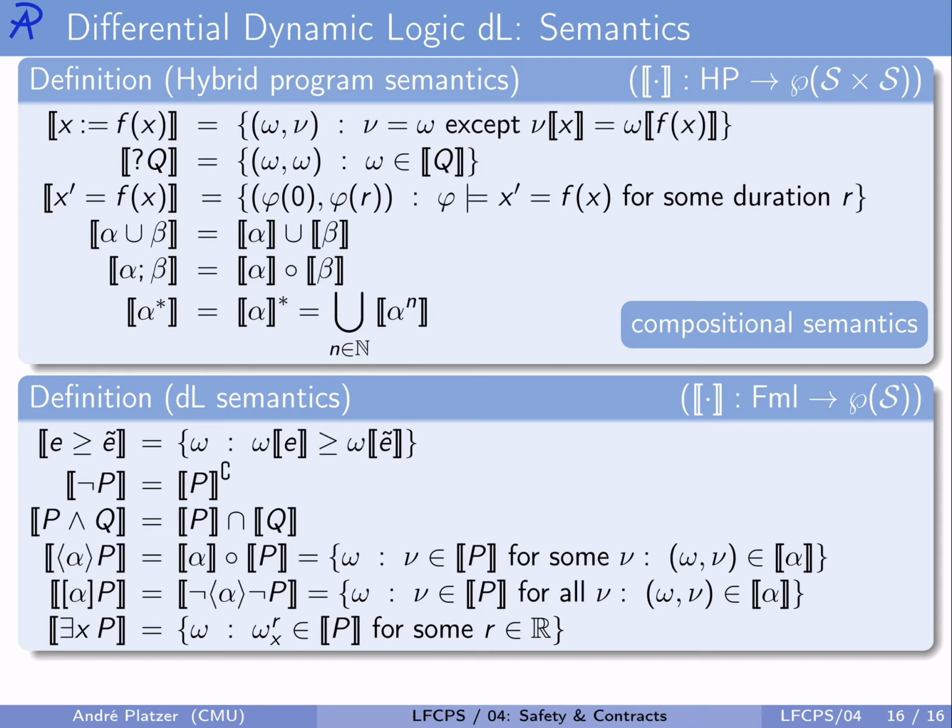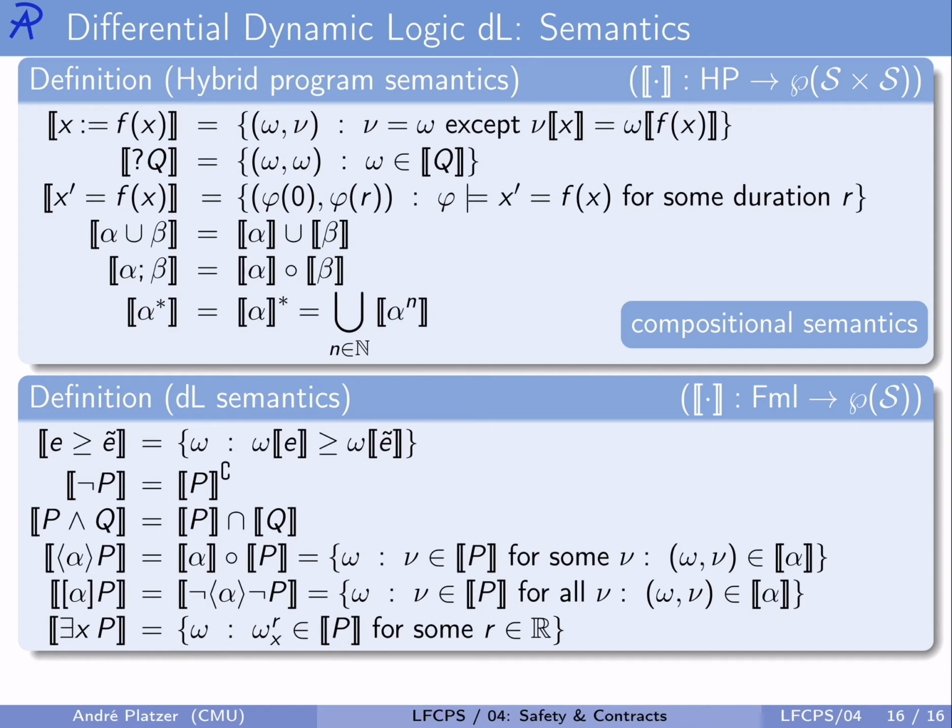And for example, the meaning of the existential quantifier is that exists x p is true in the set of all states omega, such that for some change in real value of the variable x is in this new state the logical formula p true.